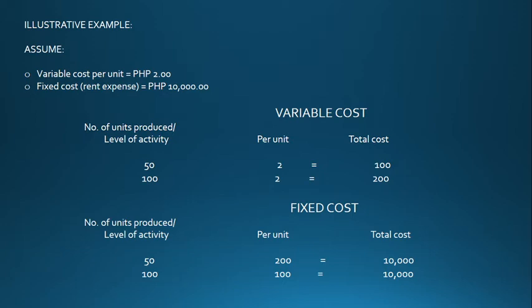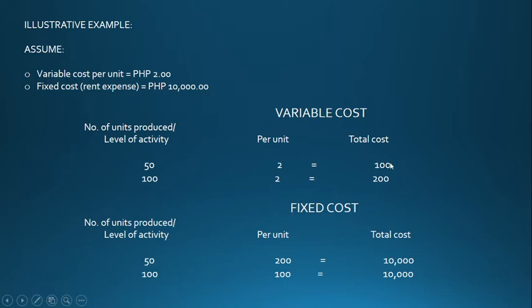So kung ma-observe ninyo, ang total variable cost natin ay tumataas kapag ang level of activity ay tumataas rin. It is because ang total variable cost is in direct proportion sa number of units na iproproduce ni firm. Pero, si variable cost per unit ay same pa rin siya or uniform sa kahit anong level of activity. It is still at 2 pesos per unit.